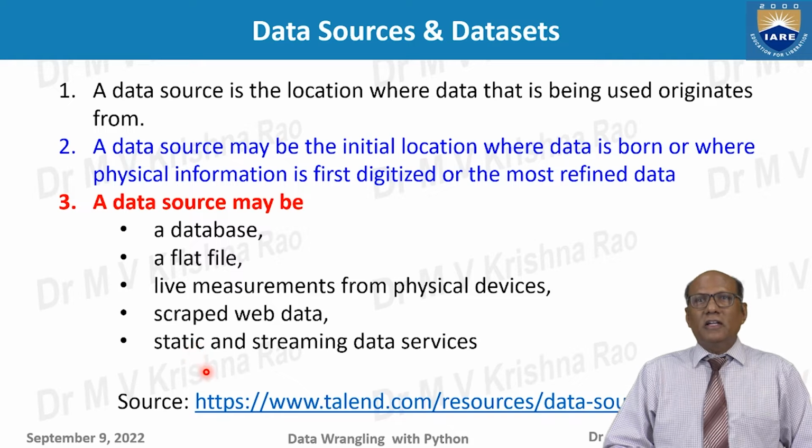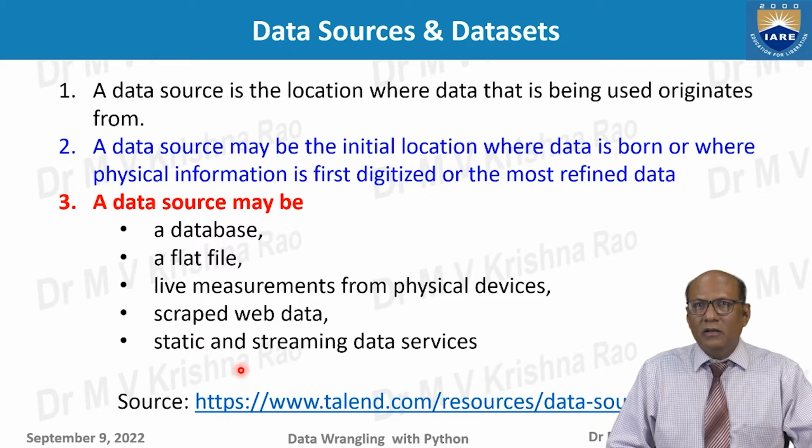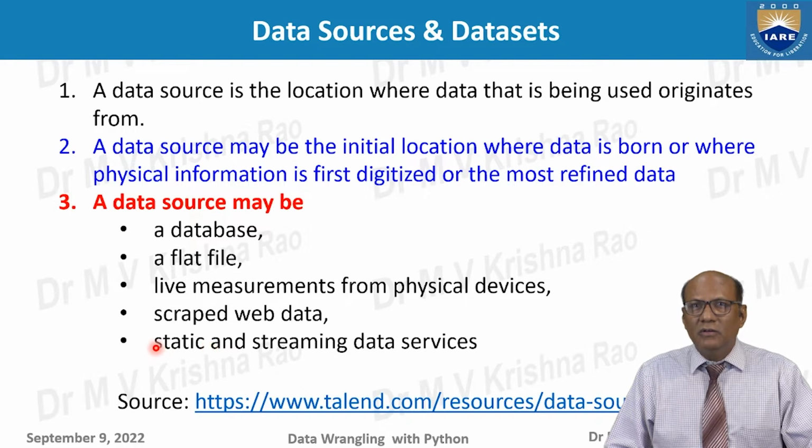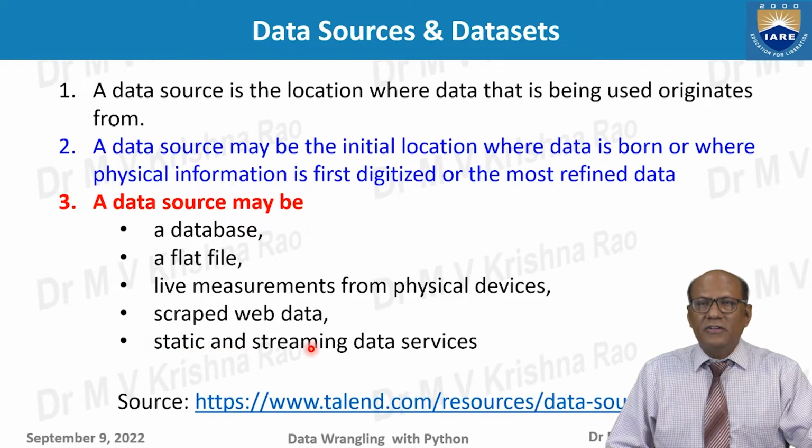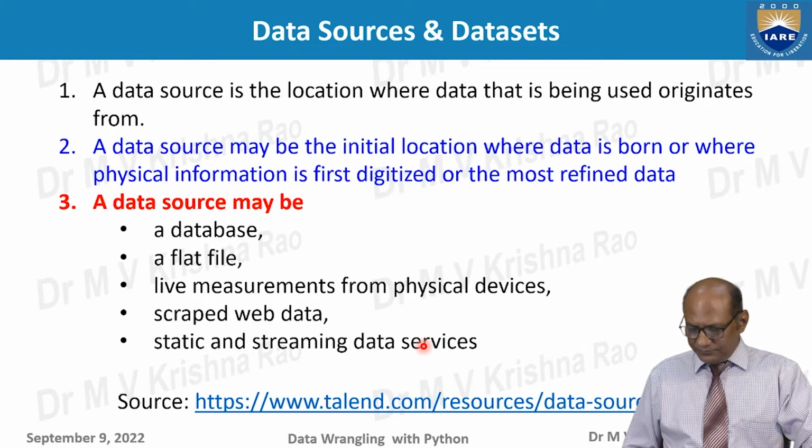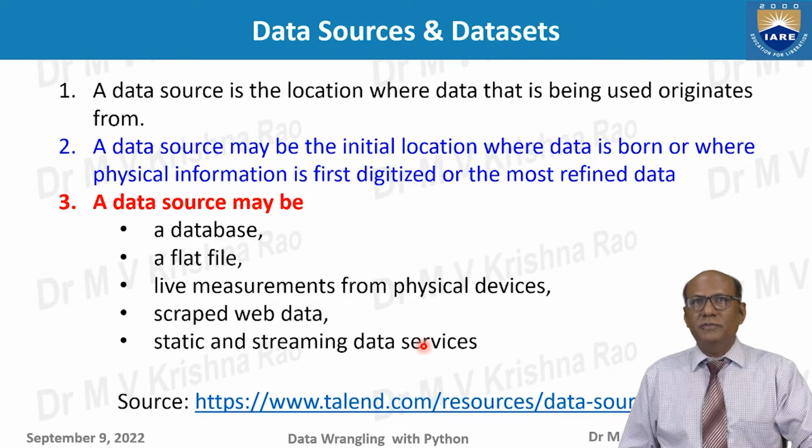So whatever data you acquired yesterday may not be that relevant for today or next month. That kind of data is called dynamic data. Here we talk about only static data. Throughout our analysis in this course, we are not talking about any kind of dynamic data. We talk about static and streaming data only. So these are the 5 types.